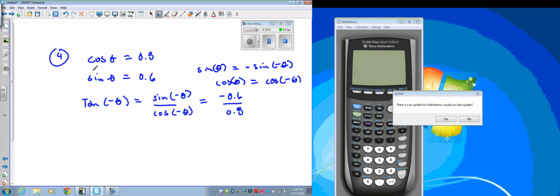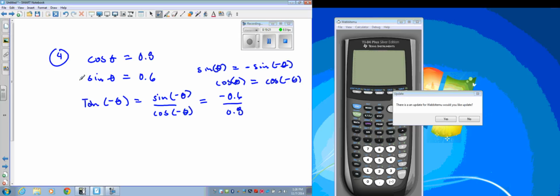See, they're giving you sine and cosine. They're asking you for tangent of a negative, and we're using the identity that the sine of negative theta is equal to a negative sine theta. So that means we have to change the sign of this one. Sine changes, cosine doesn't.